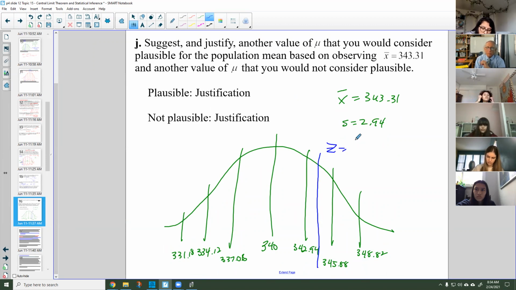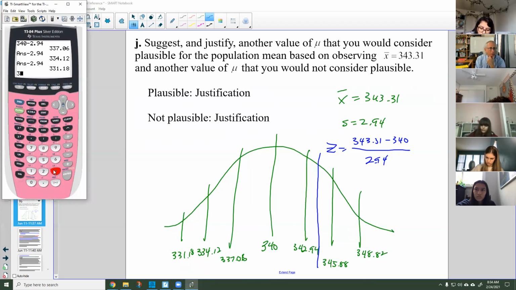Z equals 343.31 minus 340 divided by 2.94. Well, that's a z-score of 1.125, 1.126 actually.